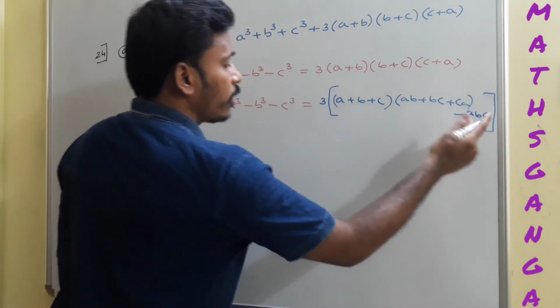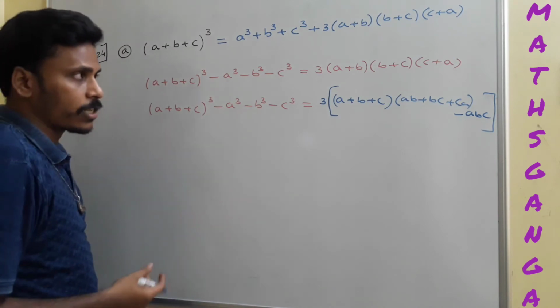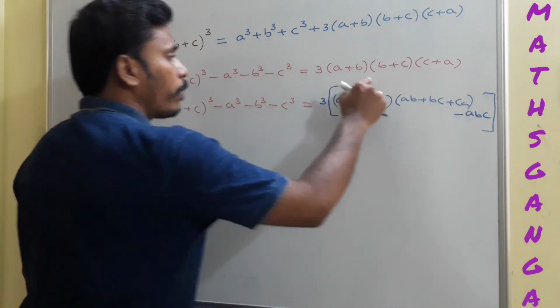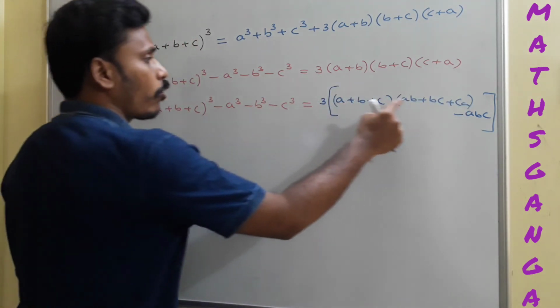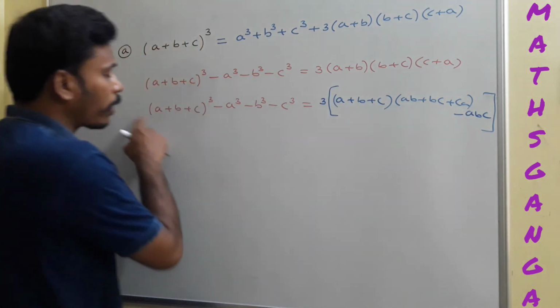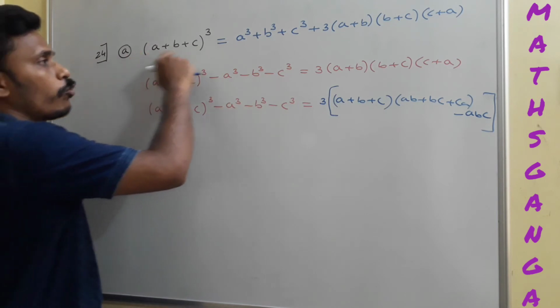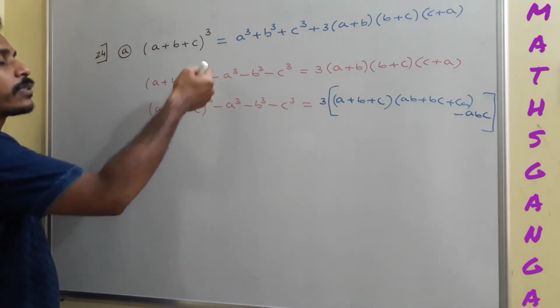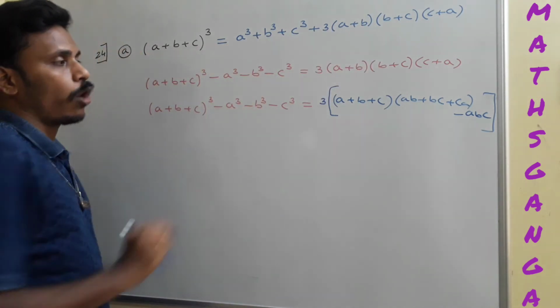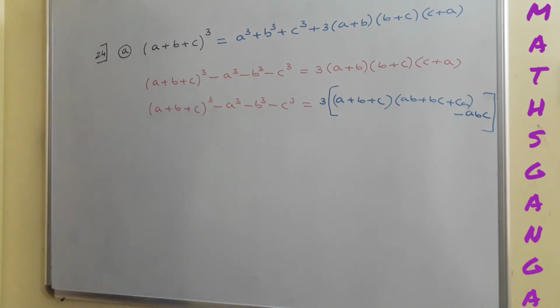Okay, we already discussed it in the previous class. This product a plus b, b plus c, c plus a is nothing but the product of these two minus abc. So sometimes we need to use this one also, okay? So a plus b plus c whole cube has this expansion, and in some cases we use these two also, right?